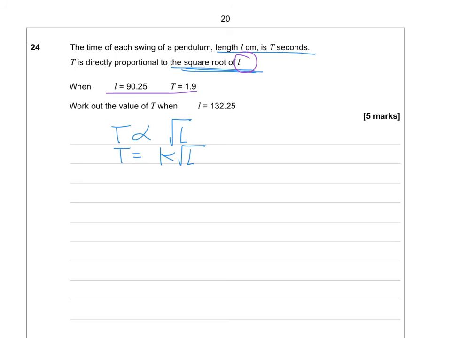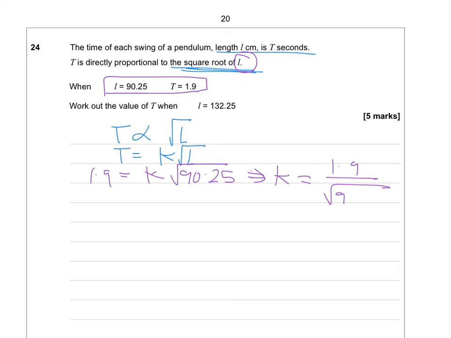When L equals 90.25, t equals 1.9. So 1.9 equals k root 90.25. So k is equal to 1.9 divided by the root of 90.25, giving us k equals 0.2.